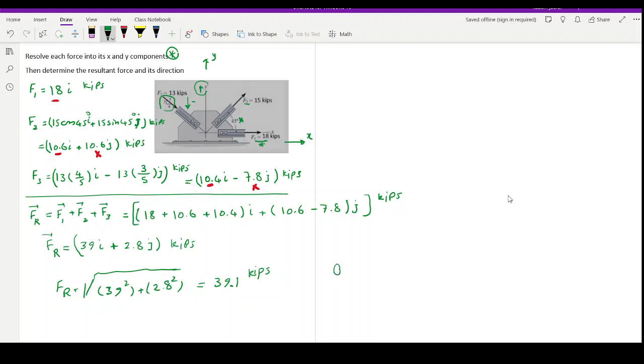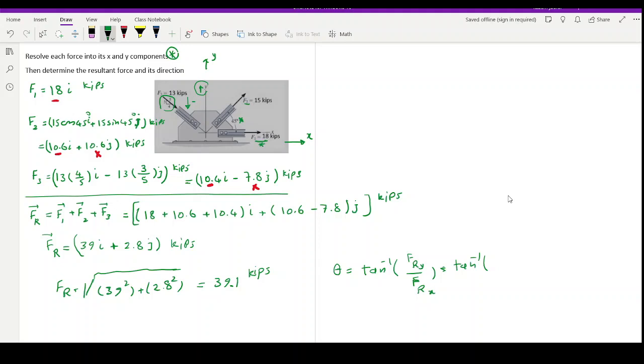And to find the direction of it, you need to calculate this theta, which is equal to tangent inverse of FRY divided by FRX.